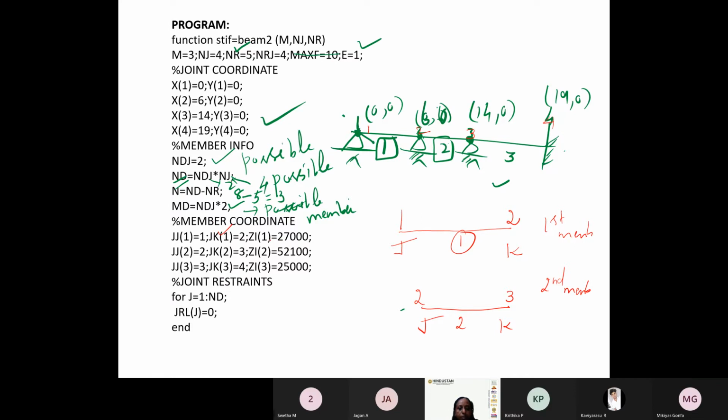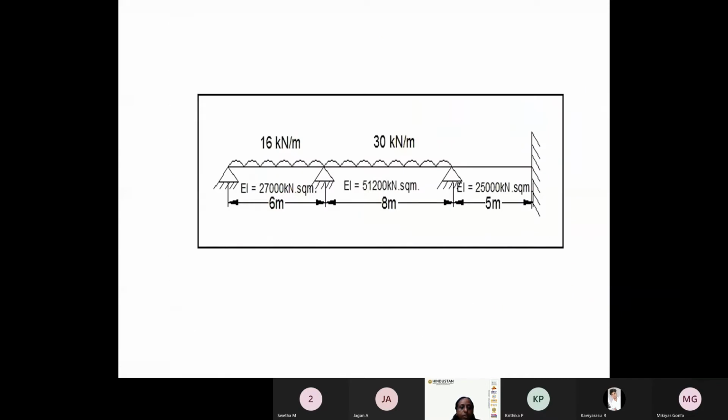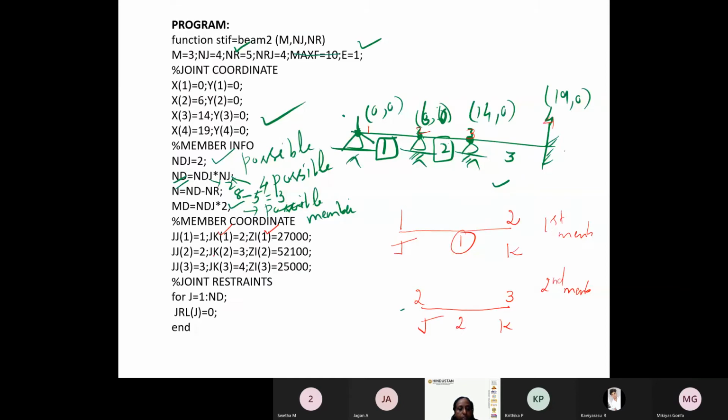But the moment of inertia, EI value: when you move on to the previous slide, you can see the moment of inertia is equal to 27,000 for the first member, 51,200 for the second member and 25,000 for the third member. That's what I have. And the second member is connected with 2 and 3.